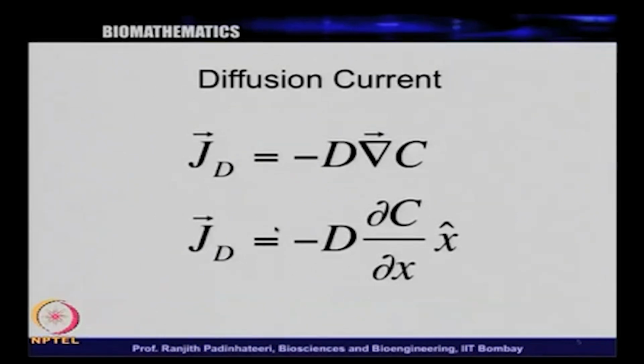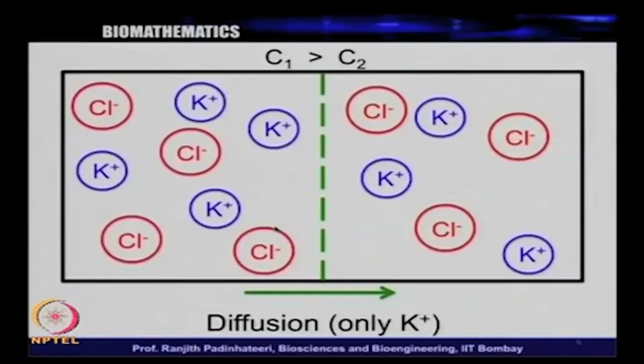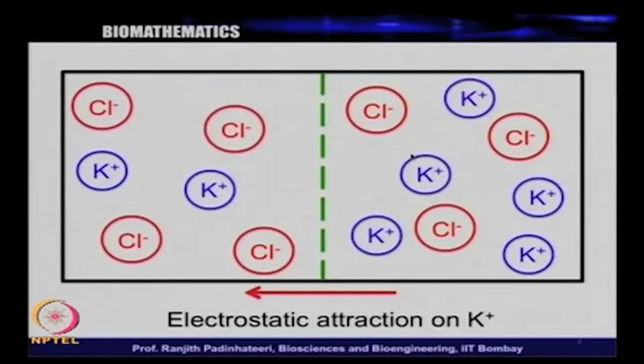Now, what will this lead to? So, what did we say? We had this situation where K plus will go from here to here, because there is more concentration here and less concentration here. And what would that lead to? That would lead to this. So, more K plus here and less there.